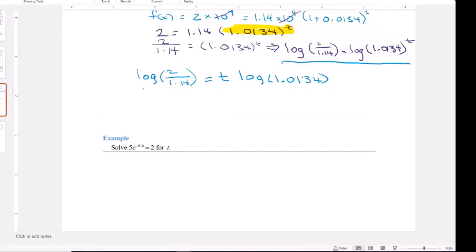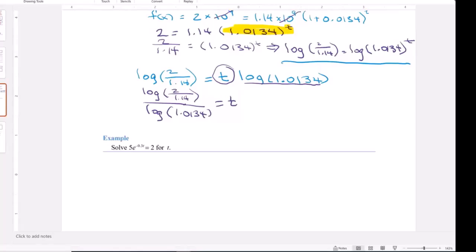I have the log of 2 divided by 1.14. And if I want to solve for t, I can divide both sides by the log of 1.0134, right? That's going to leave me with t.